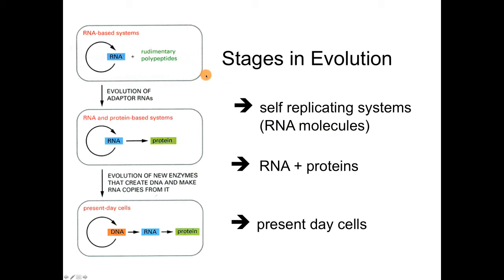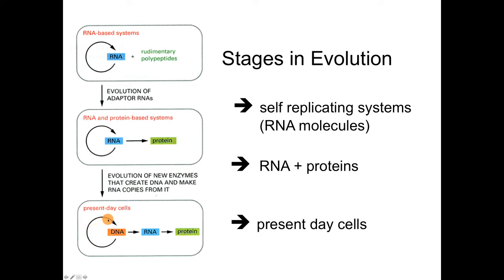As things evolved and became a little more complex, there would clearly be RNA-based and protein-based systems, and there'd be a flow of information basically from what's encoded in the RNA to the protein.